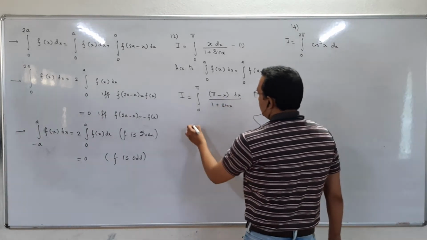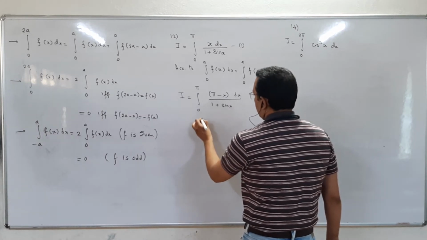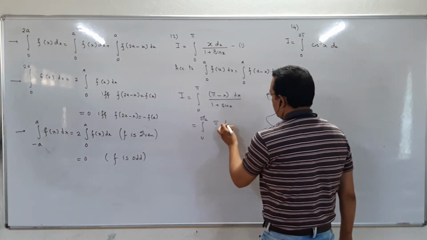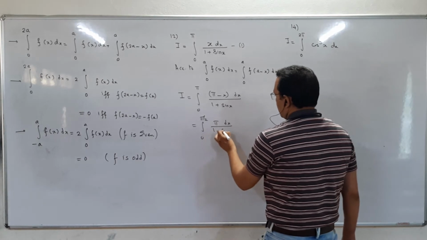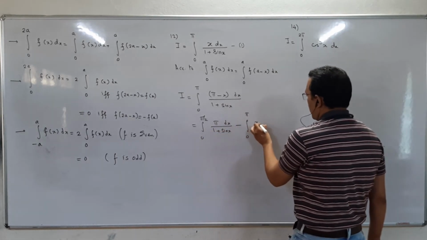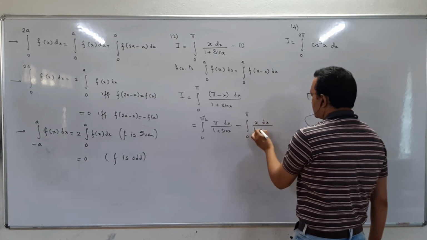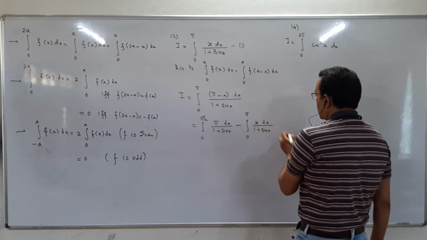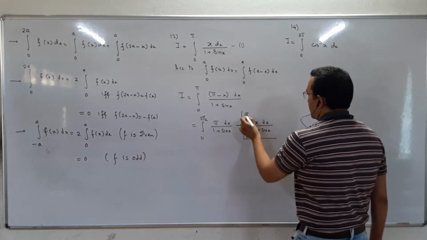Now, if I simplify according to the subtraction working rule, this is pi dx upon 1 plus sin x minus integration 0 to pi x dx upon 1 plus sin x. This is nothing but I.